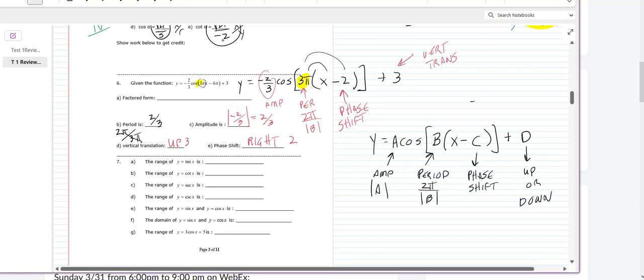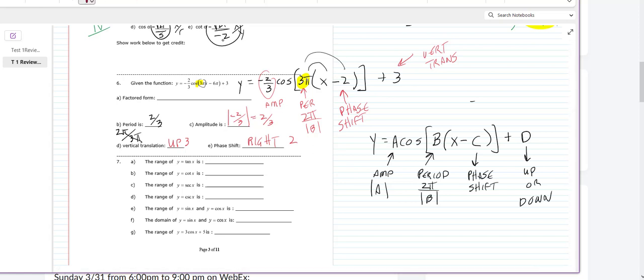We just give a special name to the phase shift, and then the period comes from that number and the amplitude. So you're learning a little bit of vocabulary on that. So this is kind of a good thing to study and make sure you have down. So if you're given a sine or cosine, that's how you figure out phase shift, period, amplitude, and vertical translation.